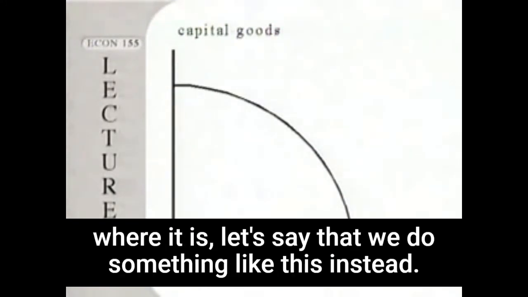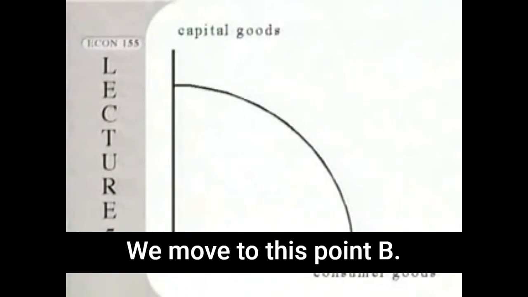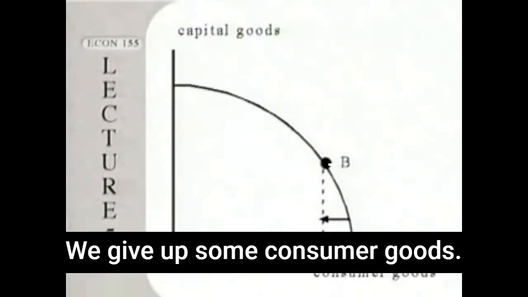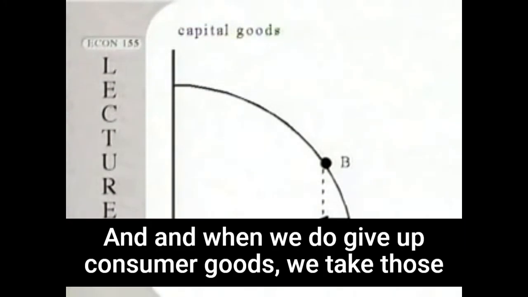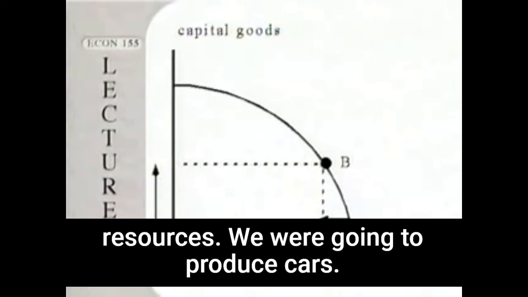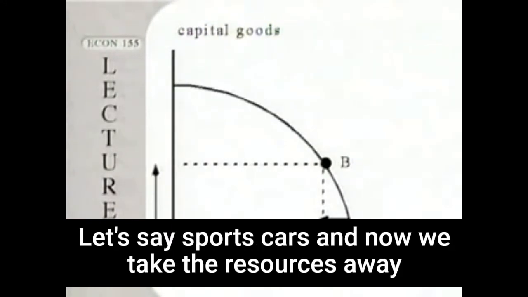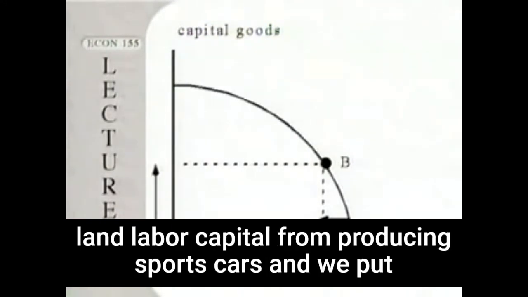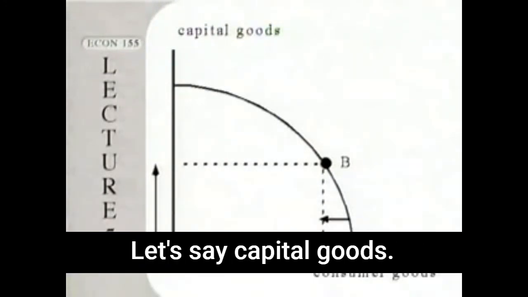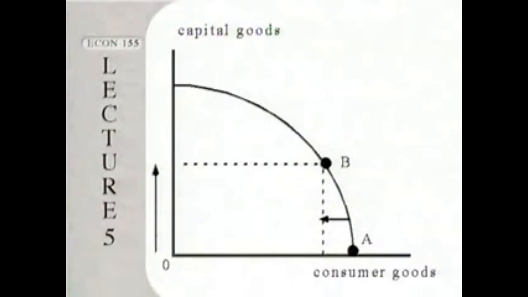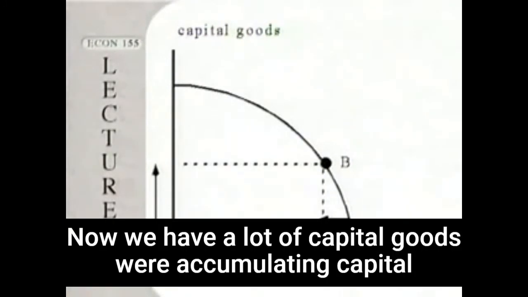Let's say that we do something like this instead. We move to this point B. We give up some consumer goods. And when we do give up consumer goods, we take those resources. We were going to produce cars, let's say sports cars, and now we take the resources away, land, labor, capital, from producing sports cars, and we put that into producing computers, let's say. Capital goods. Now we have a lot of capital goods.